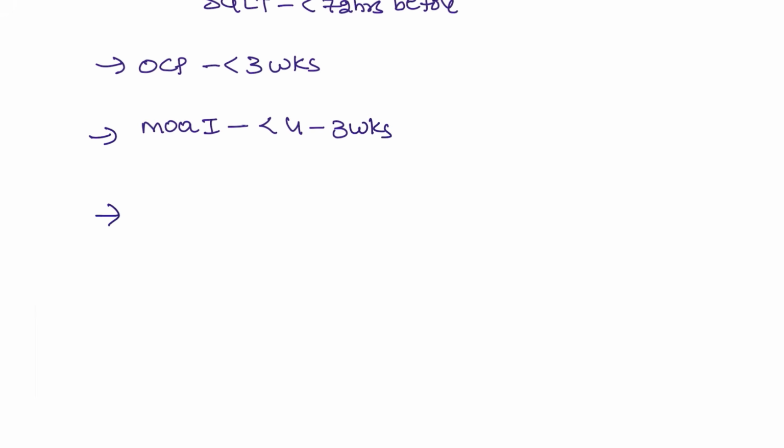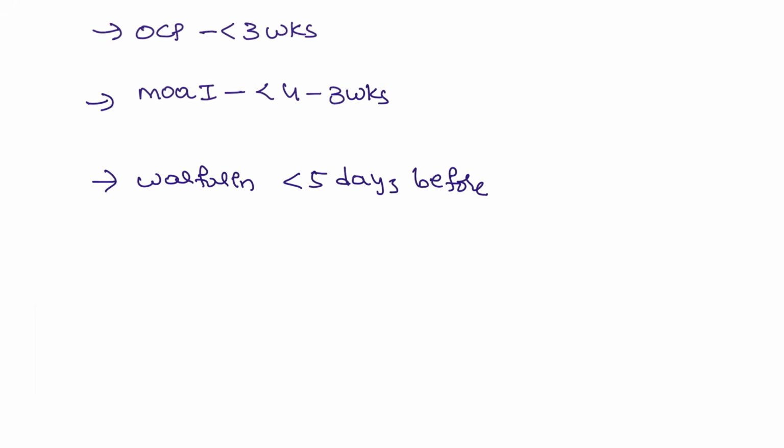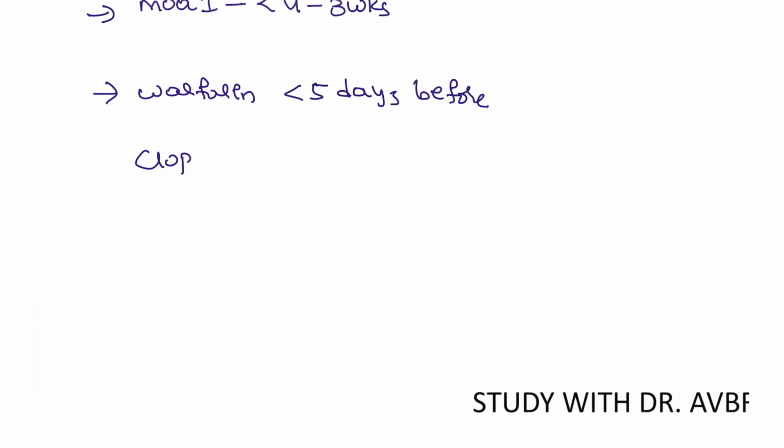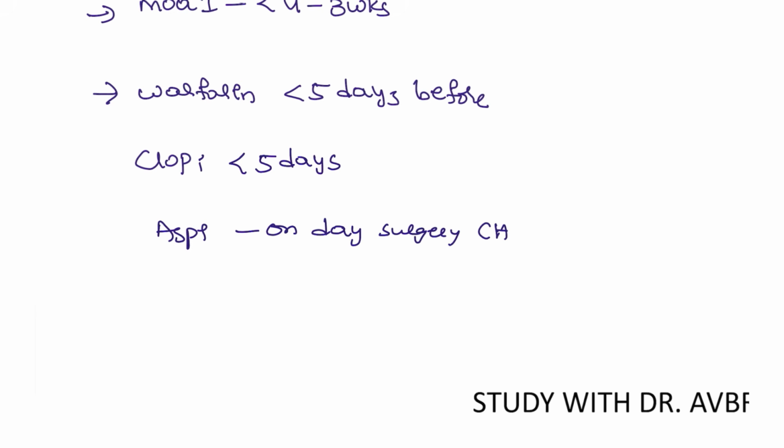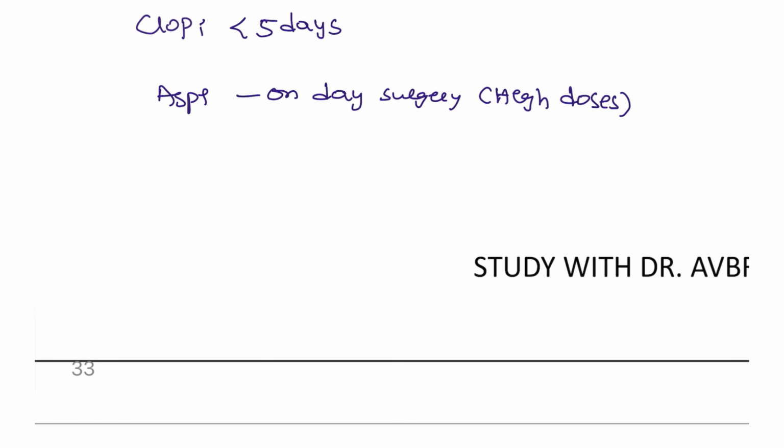Coming to warfarin, warfarin has to be stopped 5 days before. Next, clopidogrel, this is also 5 days, whereas aspirin has to be stopped on the day of surgery if you are giving high doses, but in low doses you can continue. That is one point.